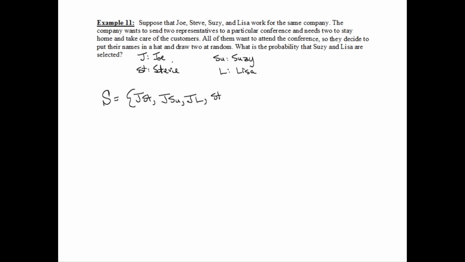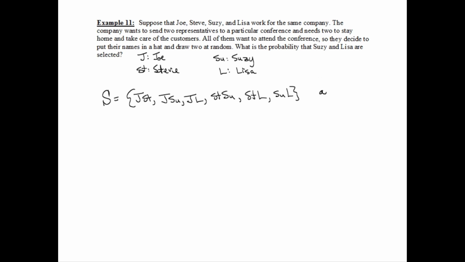Well, we have already put him with Joe, so we don't want to list that one again. But we could have Steve with Susie. We could also have Steve with Lisa, right? And then we could have Susie with Lisa. Okay, and those look like our only possibilities.